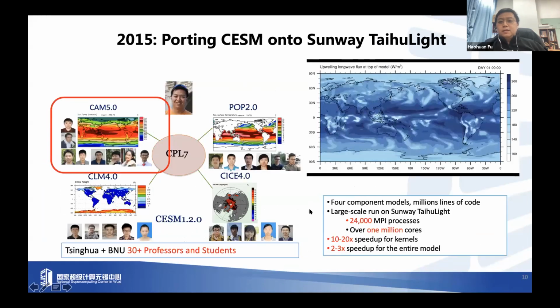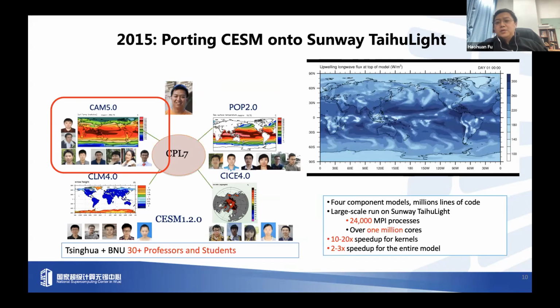Well, but the bad part, as I said, is that most of the students are from the computer science background, and throughout the project, the biggest challenge is that they read the code, but they don't really understand the philosophy behind the code. And that actually makes the porting part, the debugging part, very challenging.